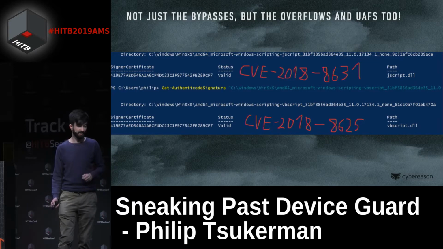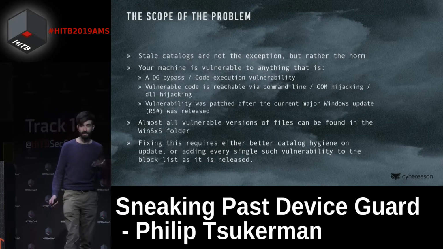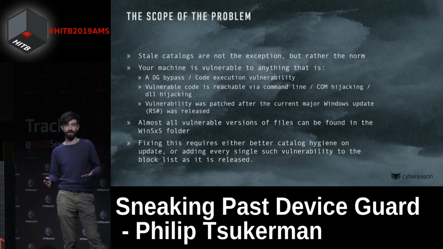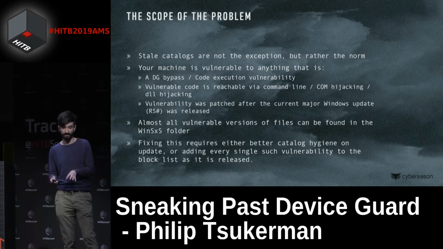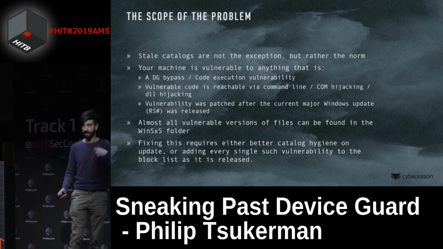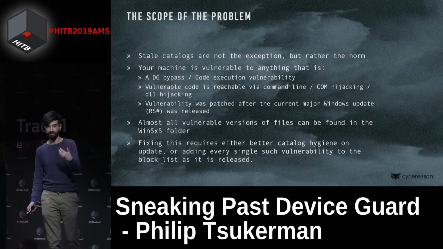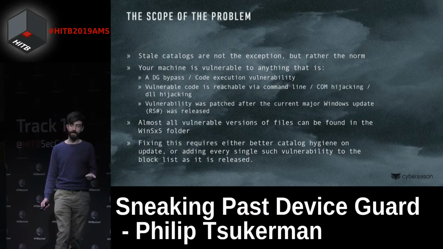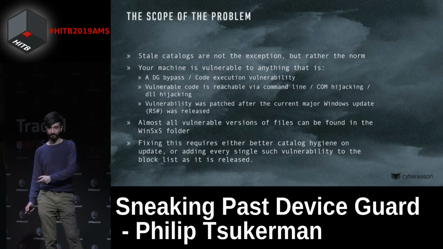Now, what's the scope of this problem? Well, I first thought that catalog hygiene was something that sometimes mistakes happen and updates don't have good catalog hygiene. But I think that catalog hygiene as a concept does not really exist. So this means that every time that you patch a vulnerability, at least between major Windows 10 RS releases, you still have the catalog and actually the old vulnerable file still on your machine.